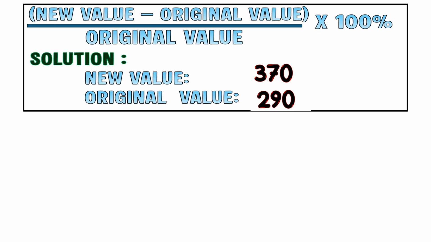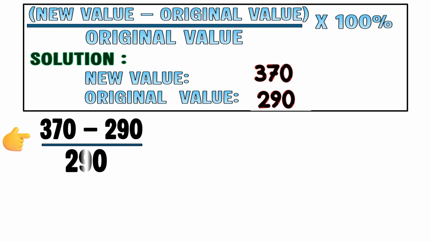Okay, let's go step by step. We use the given formula to calculate the percentage increase. First, we're going to substitute the values of the new value and original value. Okay, step number 1, subtract the original value from the new value, which is, our new value is 370 and original value is 290, over or divided by the original value, which is 290, times 100%.